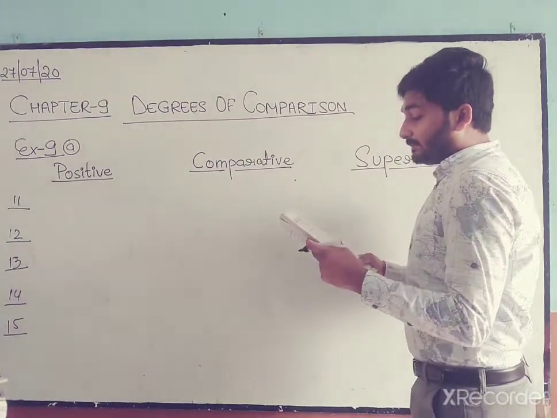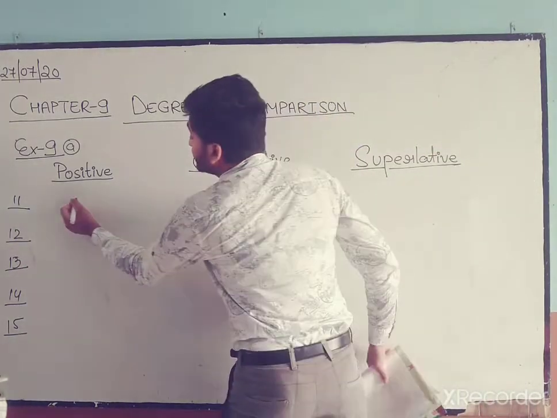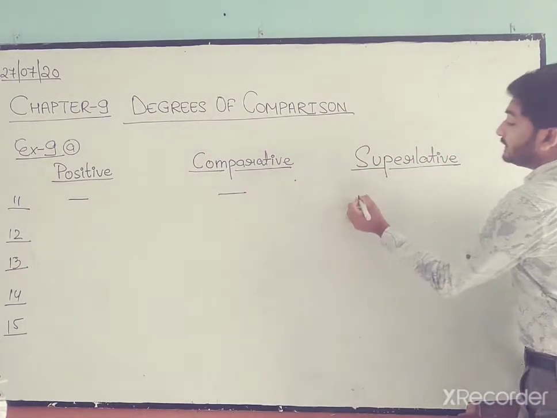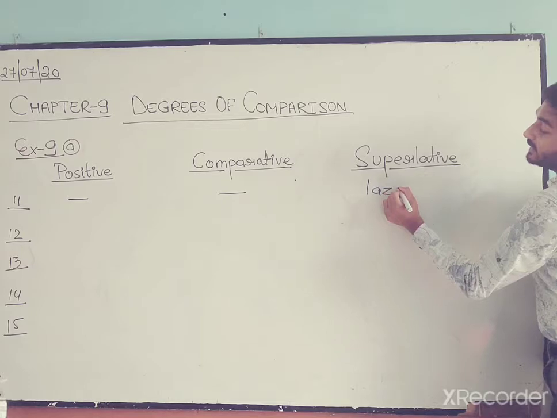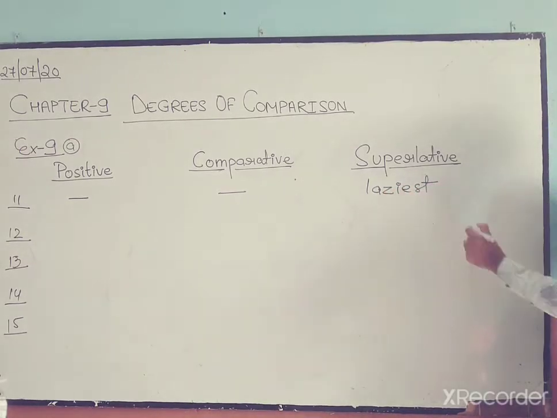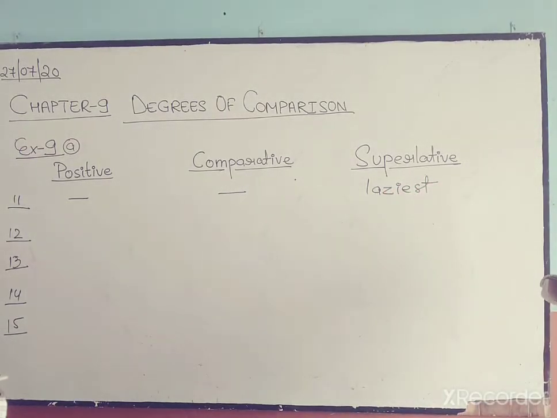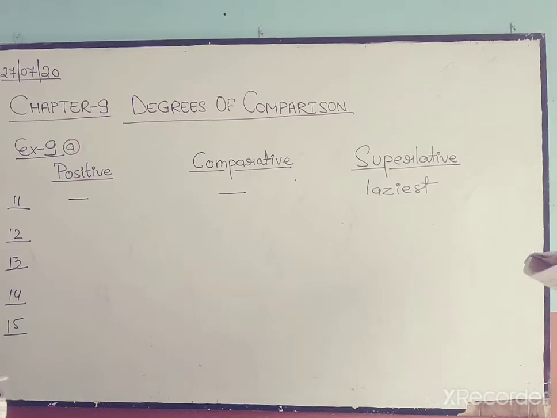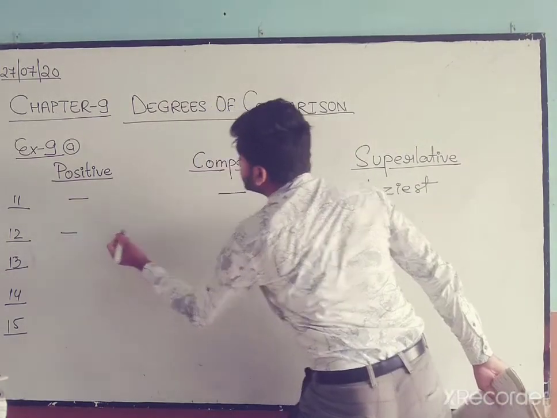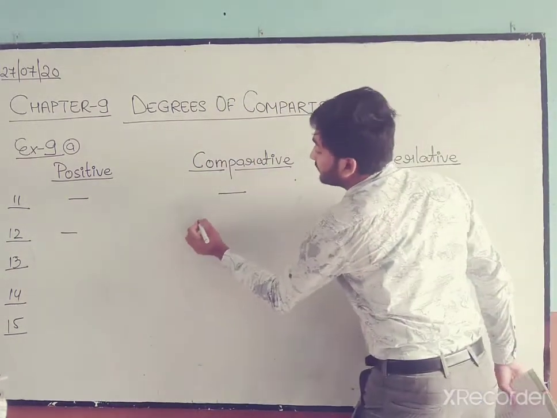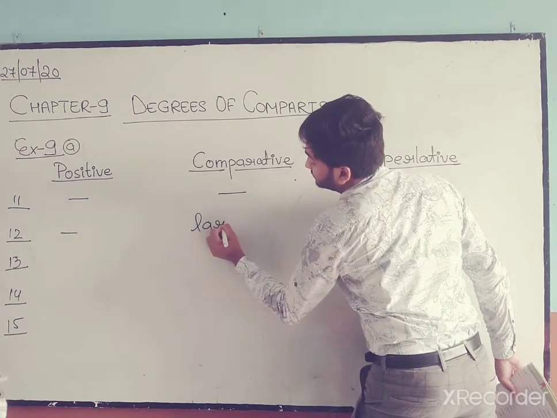Number 11, we have positive and comparative, which are lazy and lazier. That means we have to write the superlative one, which will be laziest. Yes. Now number 12, we have positive and superlative, that means large and largest. We have to write comparative of this, that will be larger.